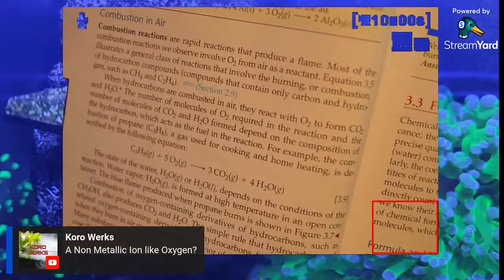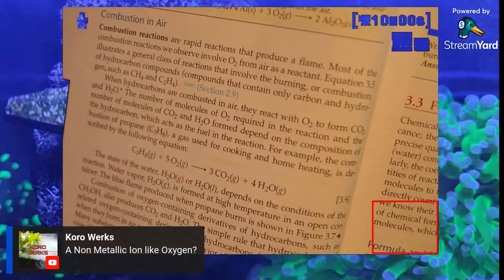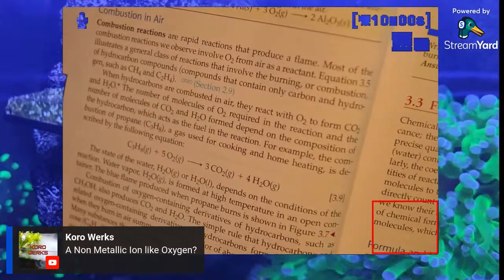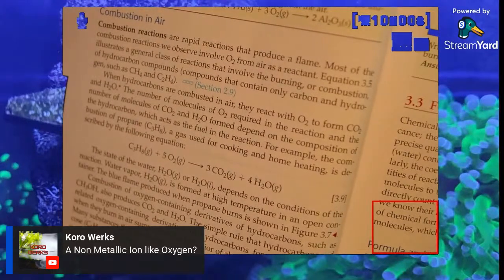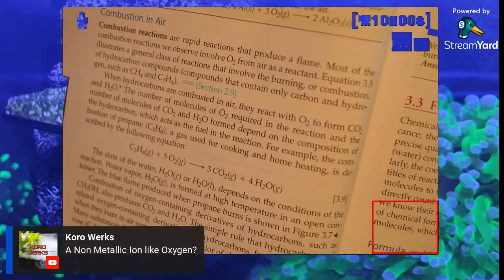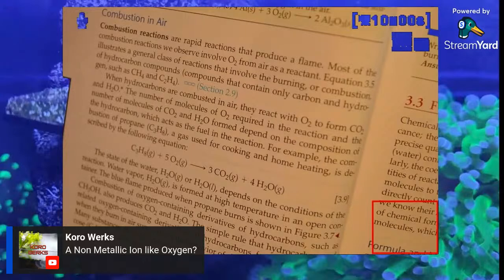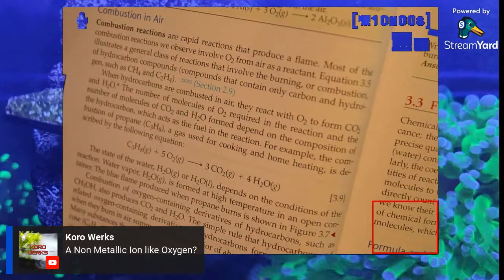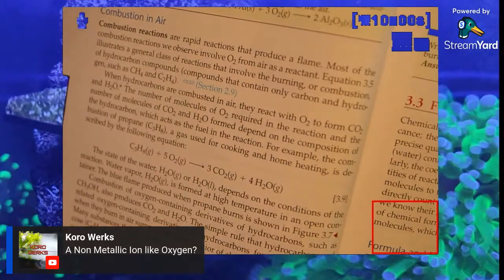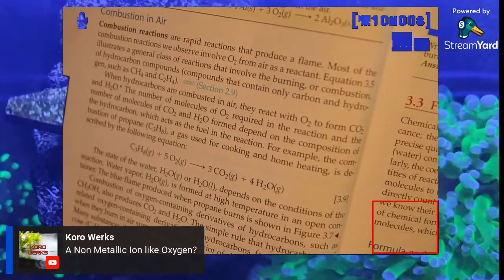Equation 3.5 illustrates a general class of reactions that involve a burning or a combustion of hydrocarbon compounds. So hydrocarbons could be like butane, propane, and things like that. Hydrocarbon compounds contain only carbon and hydrogen, such as CH4 and C2H4.